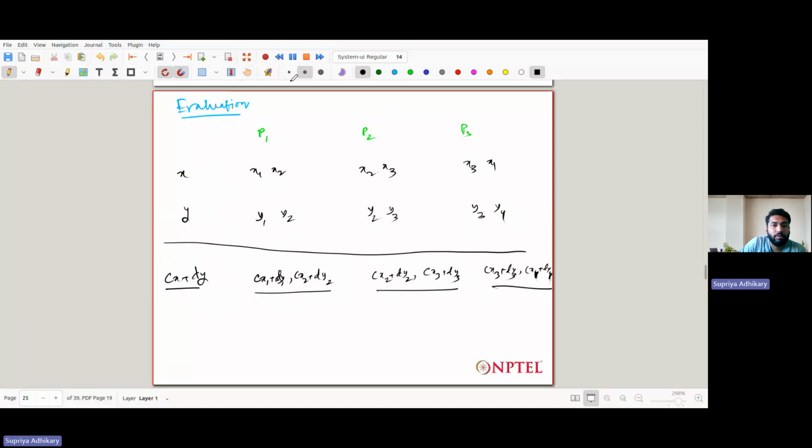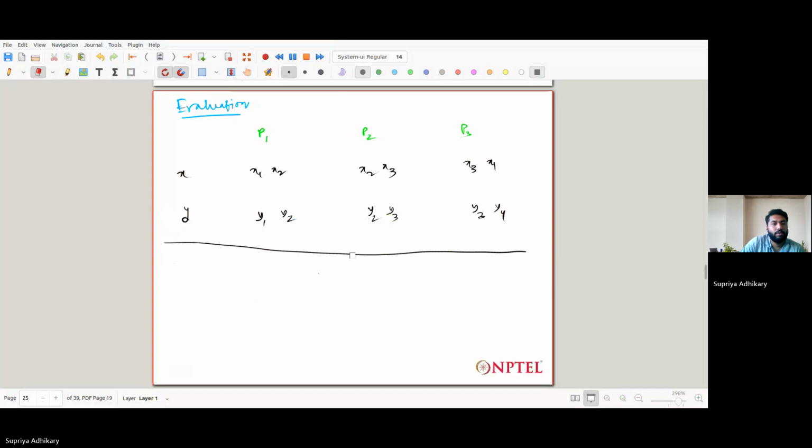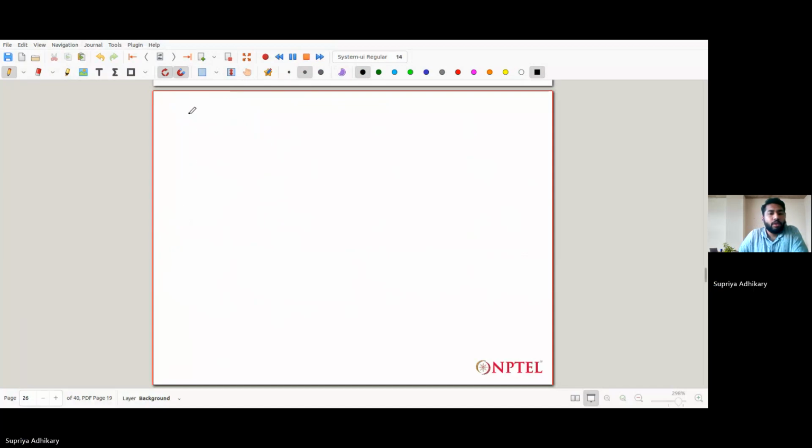But what if we want to find the share for the multiplication xy? How can we compute the shares for the multiplication? So xy can be written as x1, x2, x3 times y1, y2, y3.